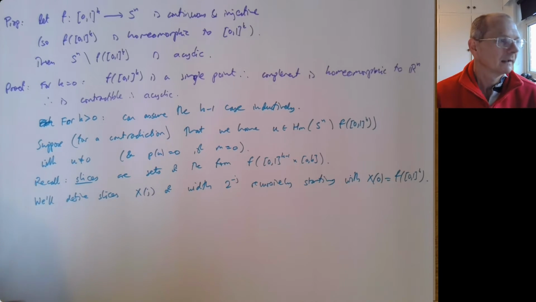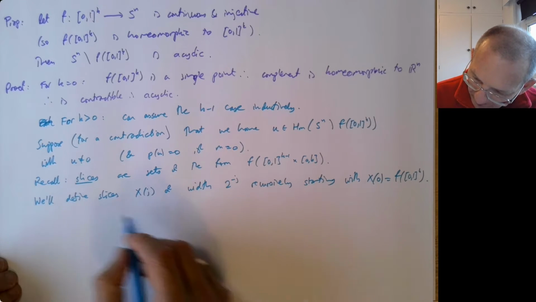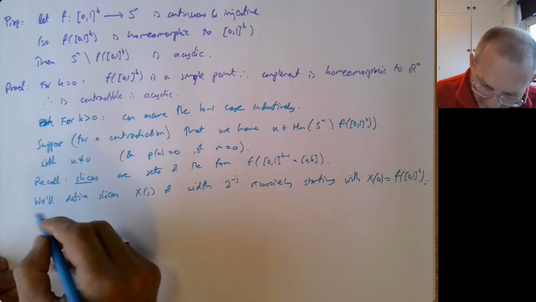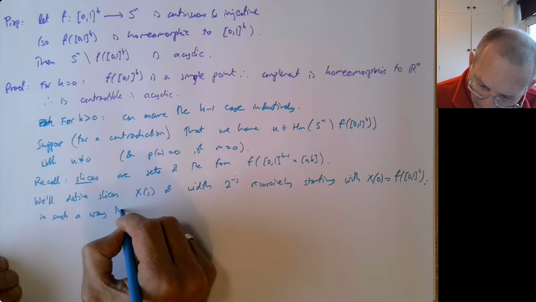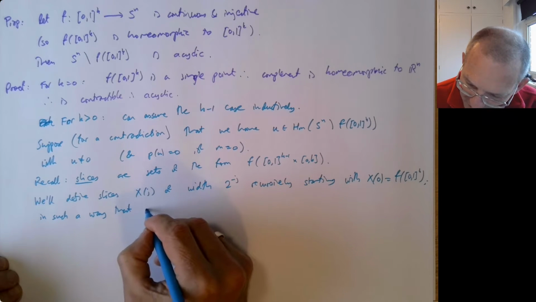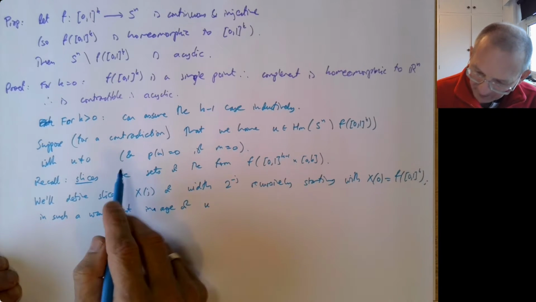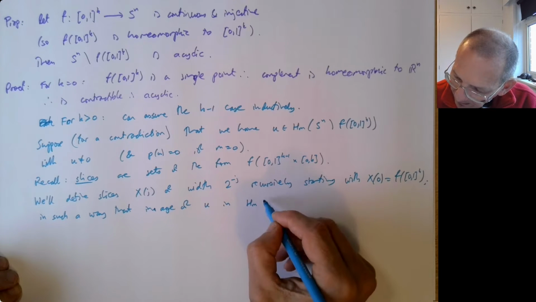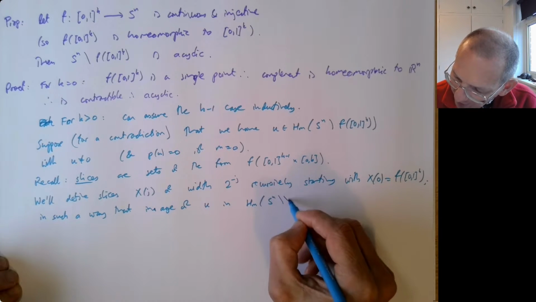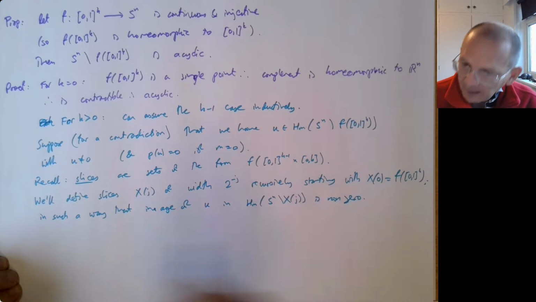So by previous lemma, we'll choose these in such a way that the image of U, this class that we had here, in H_m(S^n less X_j) is non-zero.